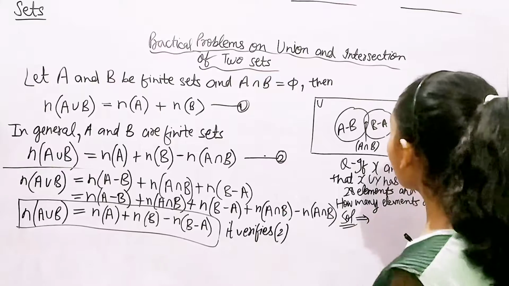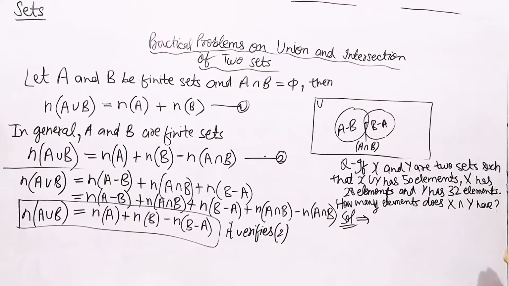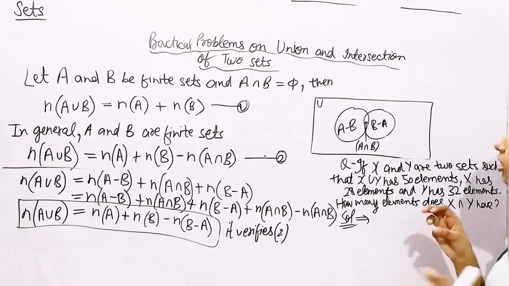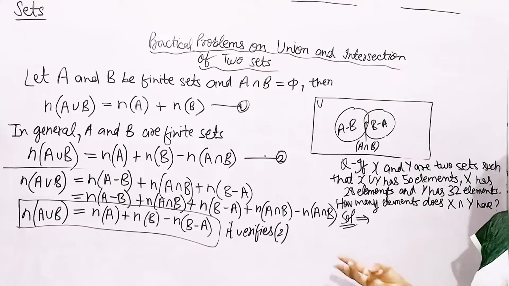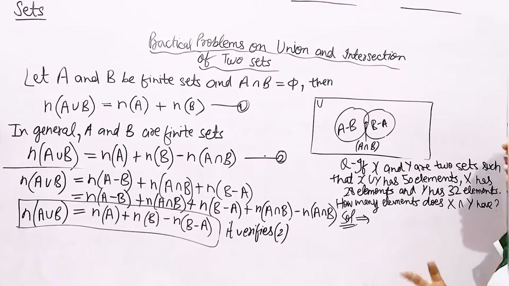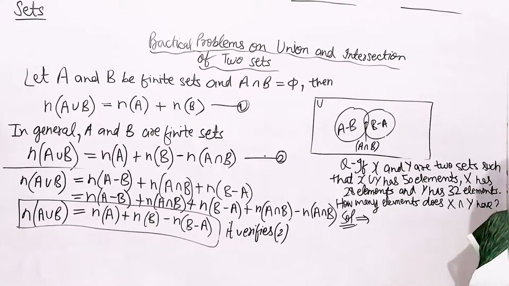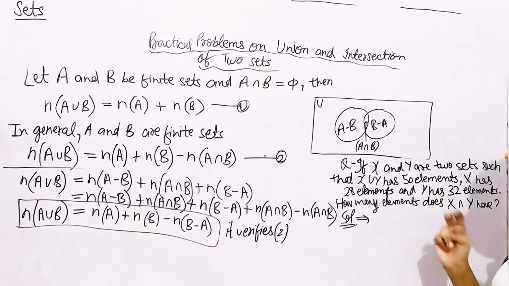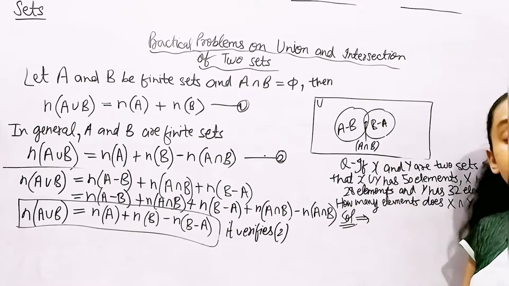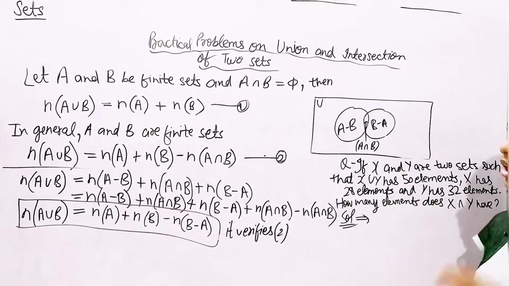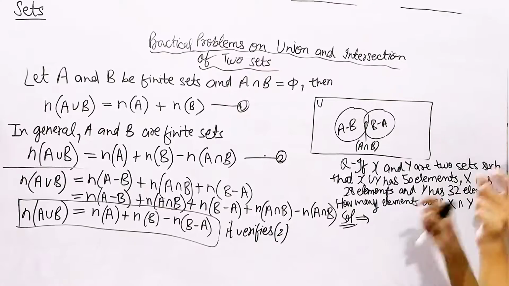So first of all, we will notice that three things will be given to us. First is the union of those two sets, and then the elements of each particular set.